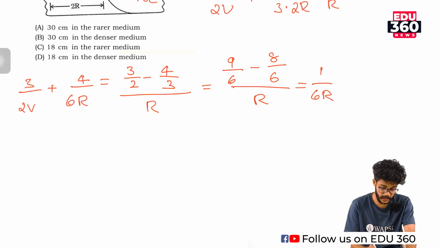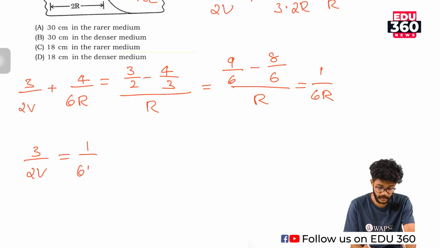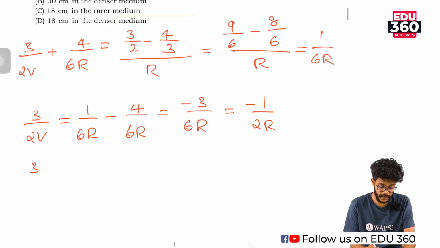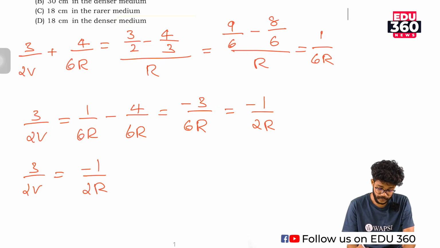So I am taking 4 by 6r to the right side: 3 by 2v equals 1 by 6r minus 4 by 6r, which is equal to minus 3 by 6r, which is equal to minus 1 by 2r. Then 3 by 2v equals minus 1 by 2r. So the 2s can be cancelled, and v is equal to minus 3r.